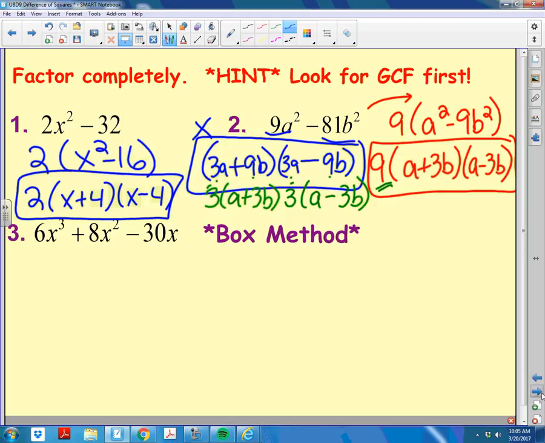Is there a greatest common factor for that? What is the greatest common factor of these 3 terms? 2 what? So factor it out.